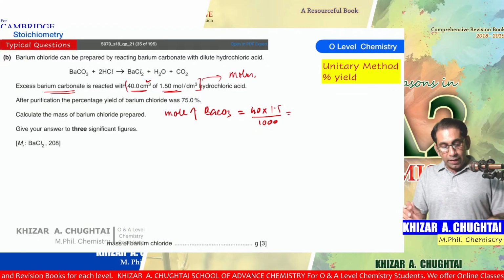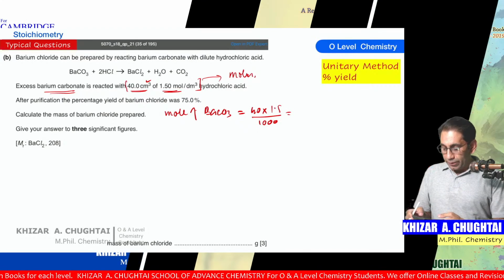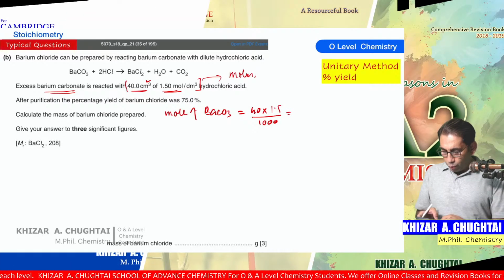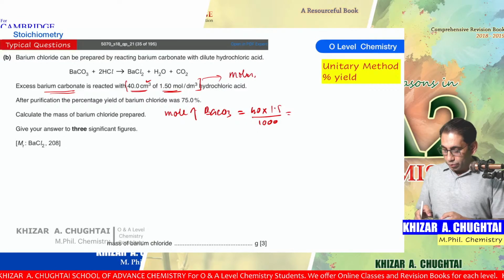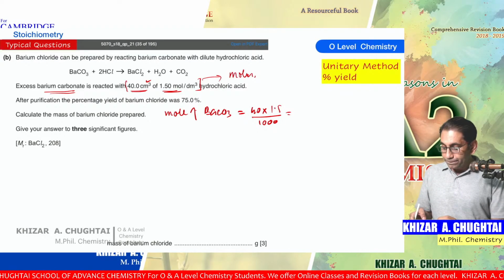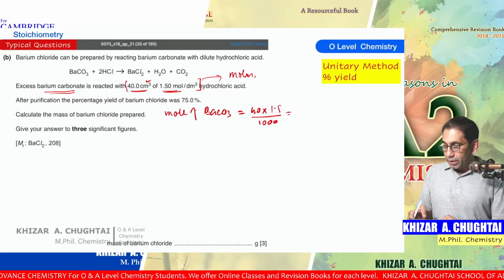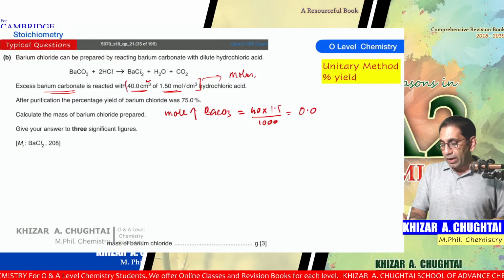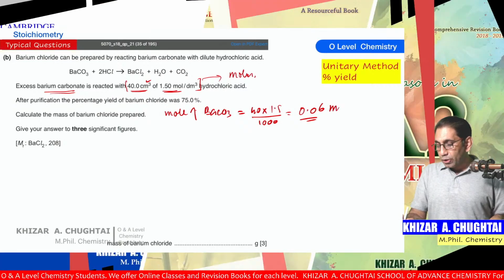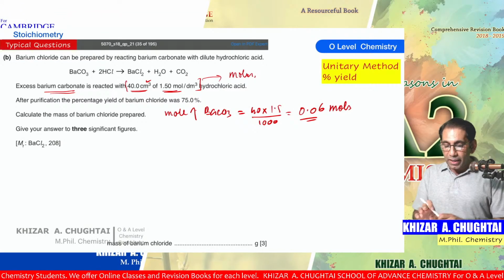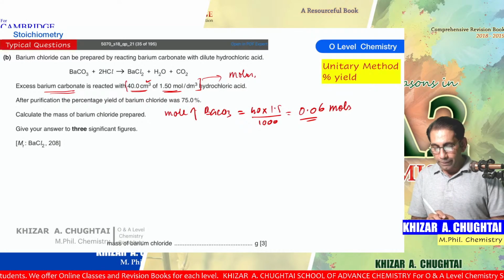Let me check it on my calculator: 40 into 1.5 is equal to 60, divided by 1000, and here is 0.06 if I am not wrong. So 0.06 moles is over here.